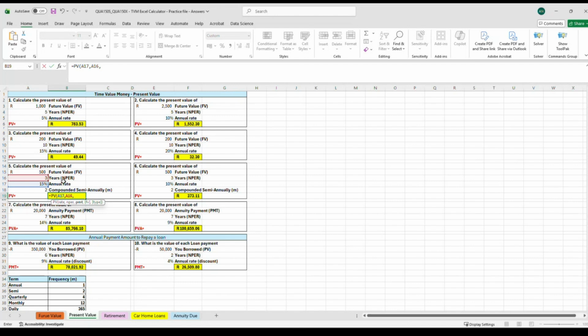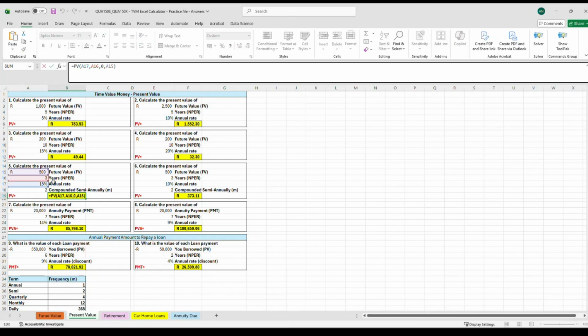I don't have PMT, so 0, comma, FV. Close my bracket. It's giving us a negative, but also we're not done with our formula. Remember, when it gives us a negative, what do we need to do? Put a minus in front of the value, which is this A15.